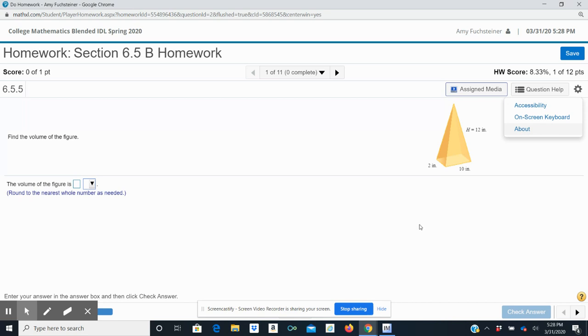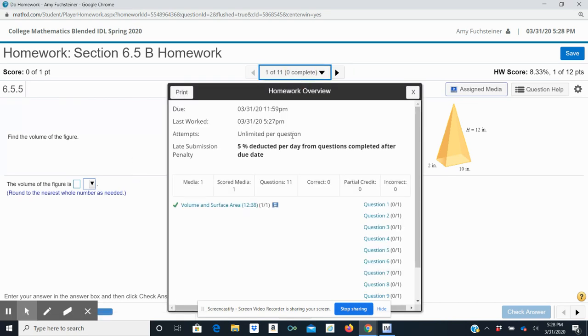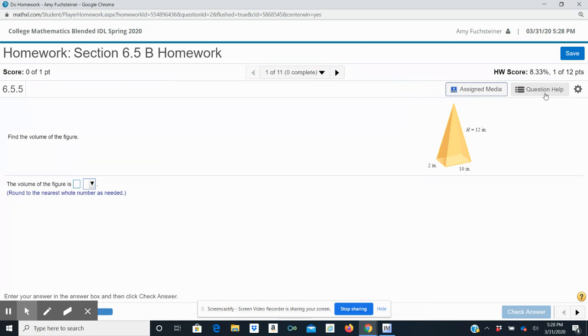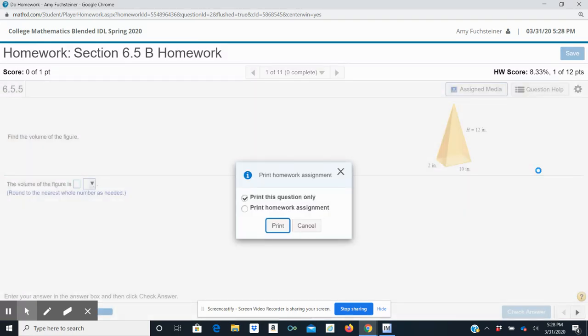Accessibility on screen. Oh, yeah, alrighty. Oh, there we are. It's under question help. Print homework assignment. There we are. Okay.